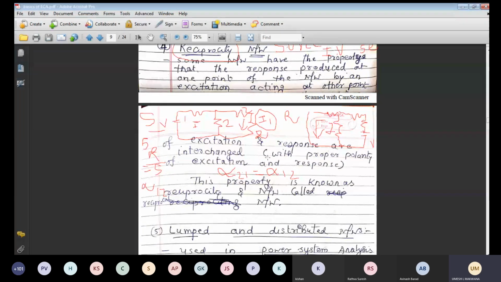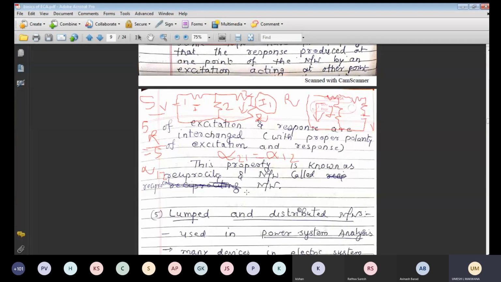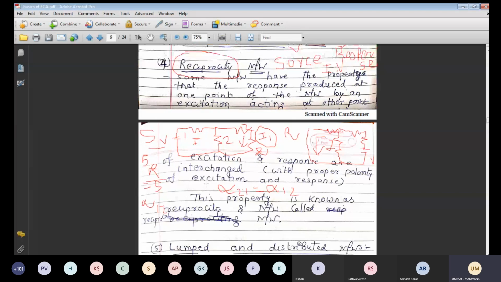In conclusion, the property is known as the reciprocity theorem if the source to response or response to source ratio remains constant irrespective of interchanging the position of source and response.